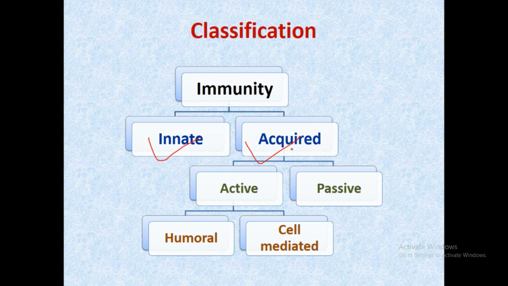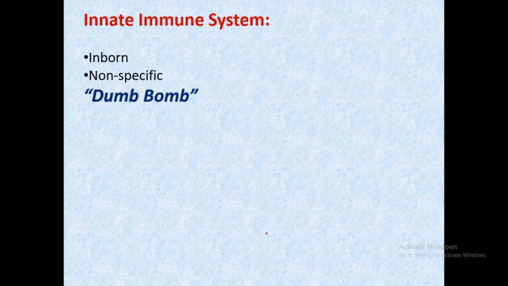The acquired immunity is again of two types, active and passive. Active acquired immunity is again of two types, humoral and cell mediated. We will see step by step what is active, what is passive, humoral and cell mediated immunity.